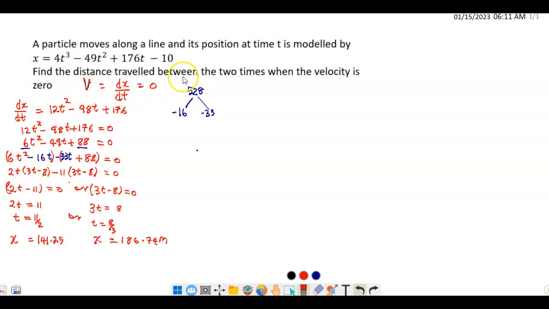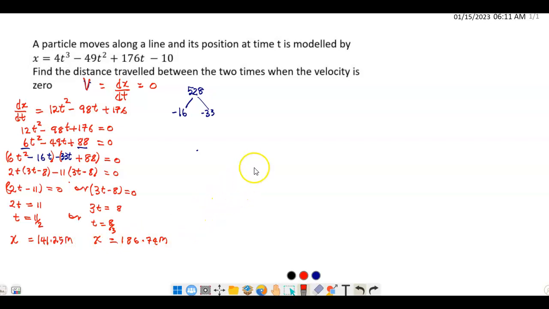So it says find the distance traveled between the 2 times when the velocity is 0. So the distances are here, 186.74 and 141.25. We need to find the difference between these two.